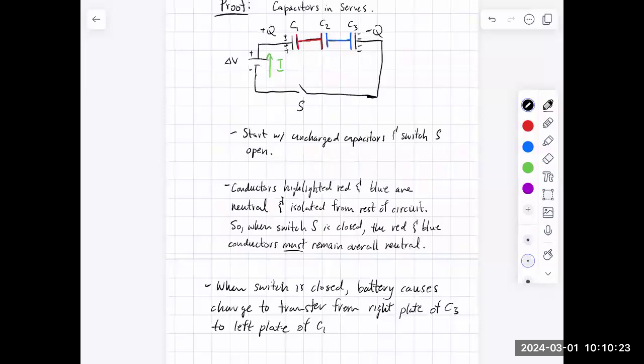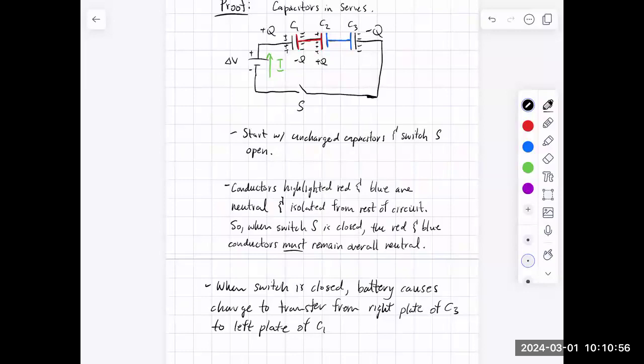And so we'll end up getting some electrons attracted over to this positive plate. But because the red conductor has to stay neutral, that leaves excess positive charge on the right-hand plate. And so we end up getting positive charge over here. And it turns out that the amount of charge that we get on each of these plates is exactly the same. So over here, we'd have a charge minus Q, and we'd end up with a charge plus Q.